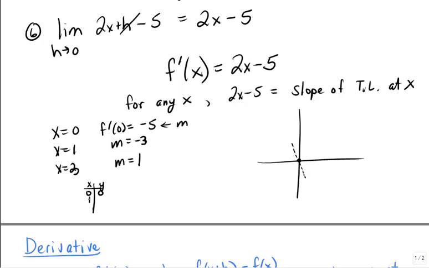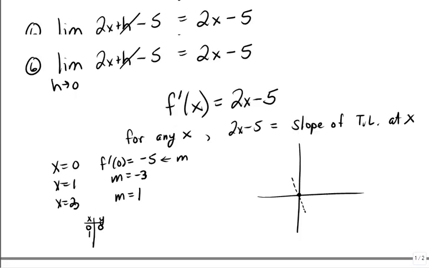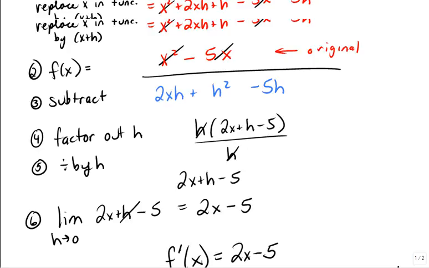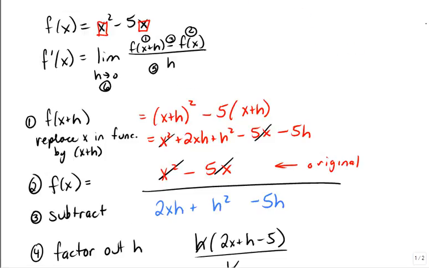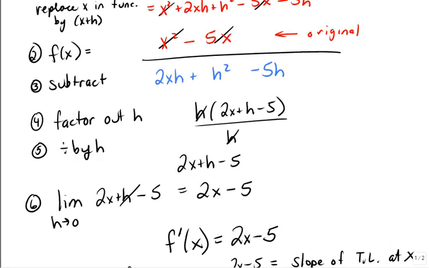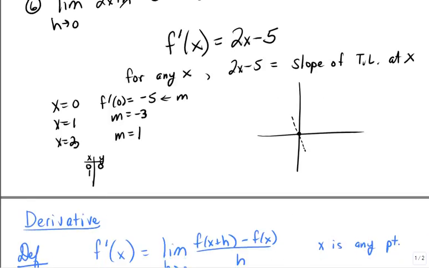At 1, our original function, if you plug that in, the original function, which was x squared minus 5x.